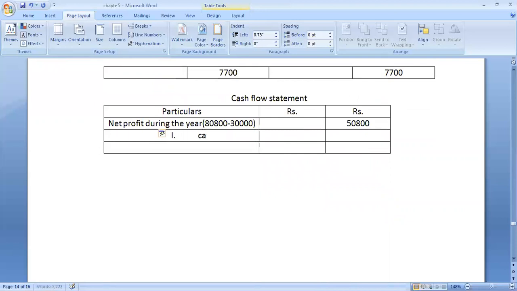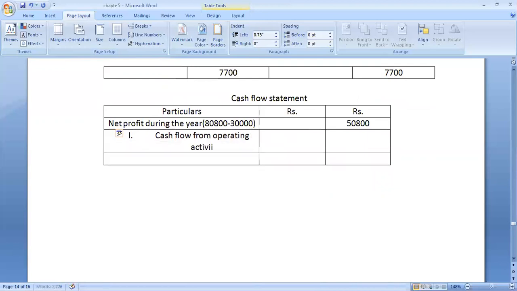So now take the cash flow from operating activities. So what is the cash flow from operating activities? Here you will add back all the non-cash expenses.